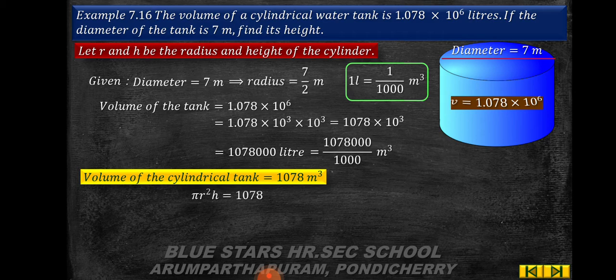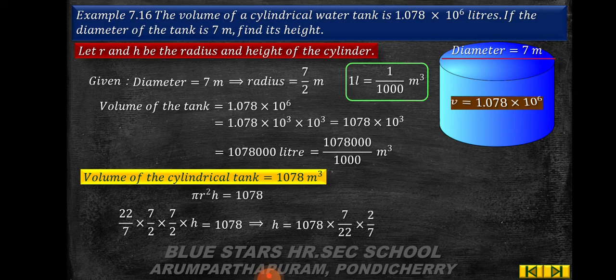That is, pi r square h is equal to 1078. So pi value is 22 by 7 into 7 by 2 into 7 by 2 into h, which is equal to 1078. Which implies height h is equal to 1078 into 7 by 22 into 2 by 7 into 2 by 7. So 2 and 22 get cancelled, you get 11. 7 and 7 get cancelled.